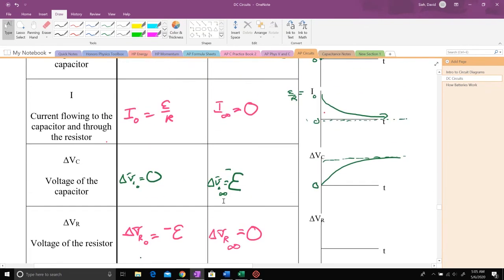We said, hey, at the end, delta V for the capacitor is just going to be minus the EMF of the battery. So maybe if I want to be really picky about that negative sign, then really this graph is just flipped upside down under the axis here. So I'm going to invert this graph. So really, you could draw it like this, right? Approaching some final asymptote.